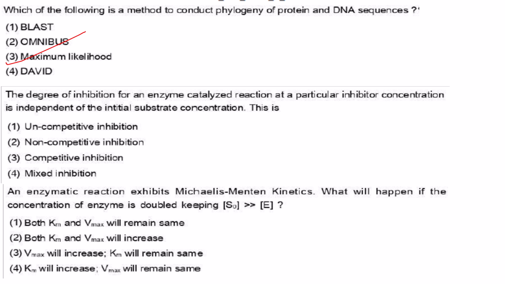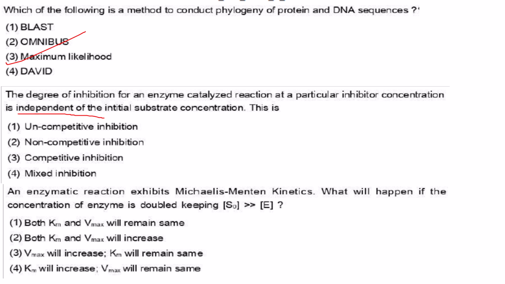Next one. The degree of inhibition for an enzyme catalyzed reaction at a particular inhibitor concentration is independent of the initial substrate concentration. What kind of inhibition is it? That is what they are asking.